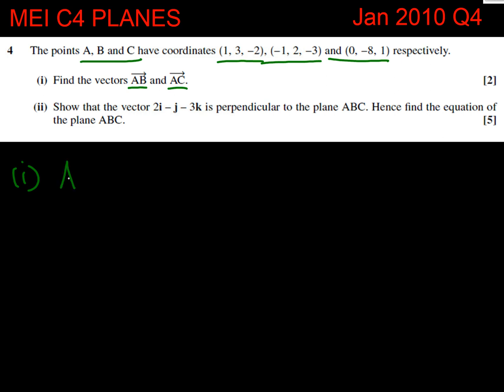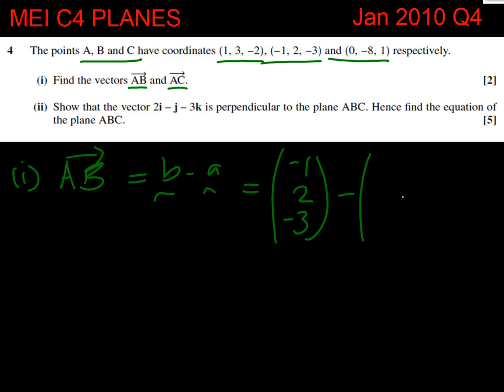So the vector AB is therefore going to be the vector of B minus the vector of A, which is going to be B is -1, 2, -3, and then we're going to subtract the A vector, 3, 1, -2, so we end up with -2, -1, and then -1.